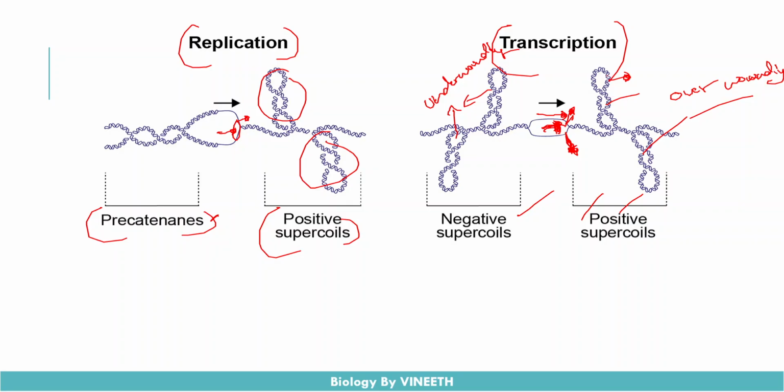These precatenates in the replication forks are mainly due to the coiling of two separate daughter DNAs, one upon the other. So this is one daughter DNA and this is another daughter DNA, which are the products of the actual replication.